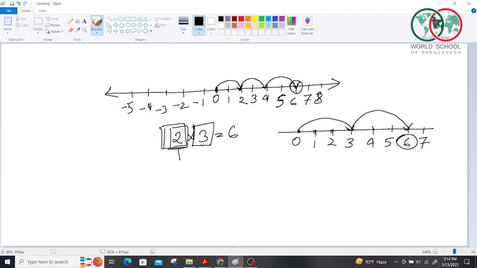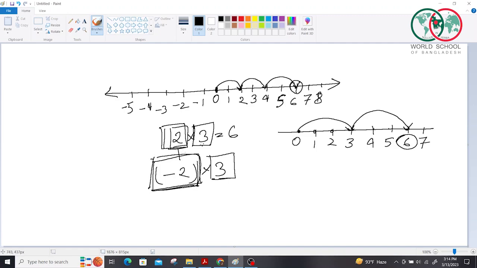So what happens if one is negative? Suppose we are given minus 2 into 3, what will be our answer? If we take minus 2 as the length of the jump and 3 as the number of jumps, then minus 2 is our length of the jump.